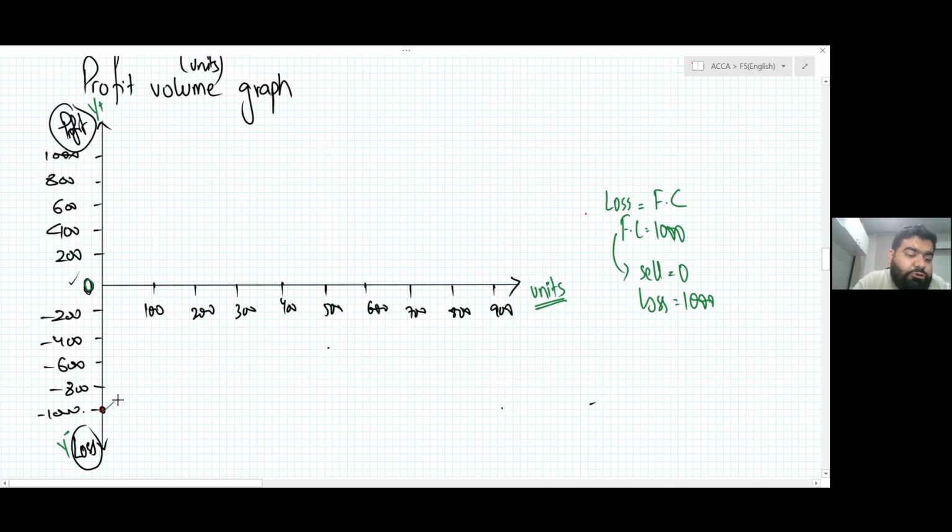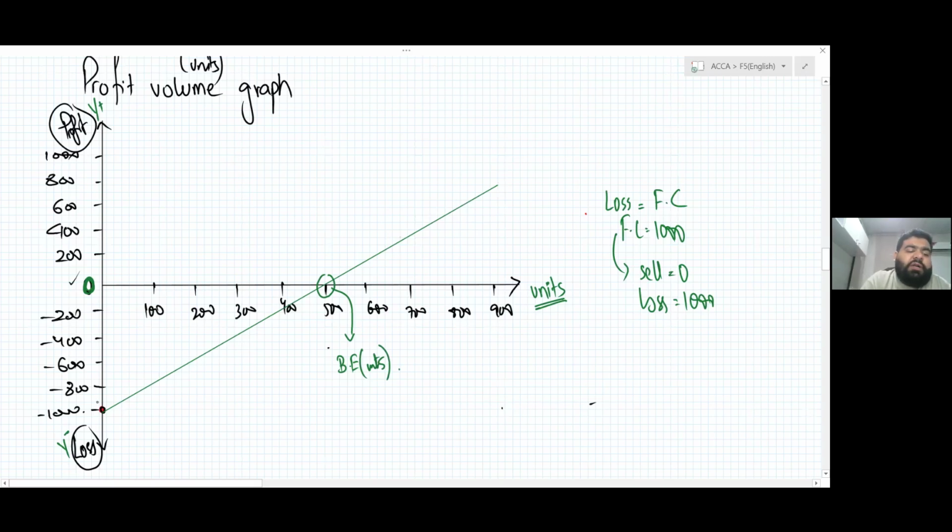It comes from minus 1000 to minus 800, then minus 600, then minus 400, then minus 200, and after that there will be the point in units where this line will intersect. This point is basically the point where profit or loss is zero, and these units will be known as the break even point in units.